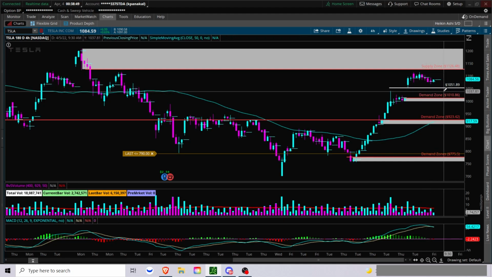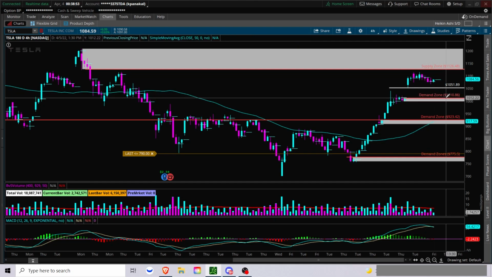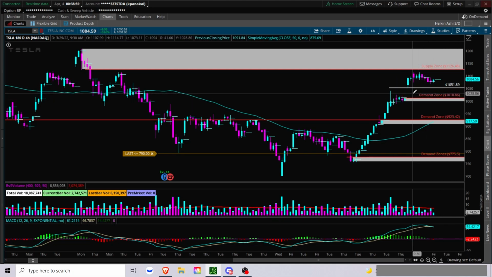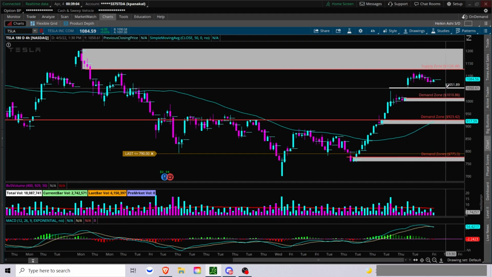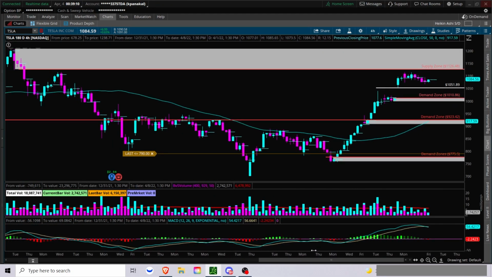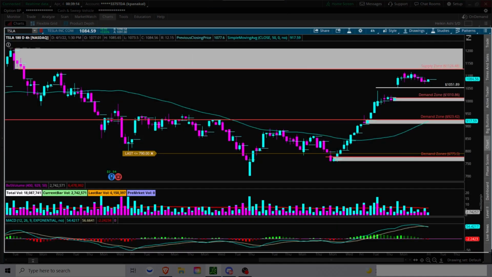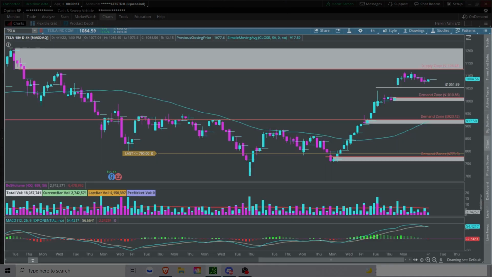Then we could enter in puts and trade all the way down till near this demand zone of $1,010. That's actually a pretty good entry for puts, to be honest, if there's obviously confirmation of continuation to the downside. So this is basically our chart for Tesla. Let me just take a screenshot right over here for you guys.